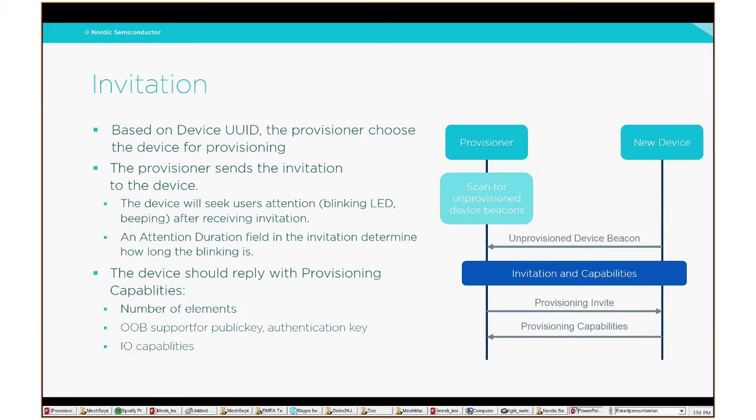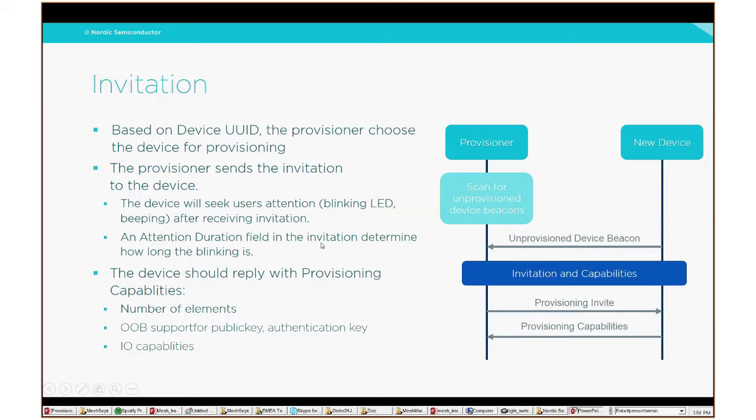For the invitation, the provisioner will start scanning for the unprovisioned device beacons, and when it finds the beacon of the device it wants to do provisioning, it will send the invitation to the device.